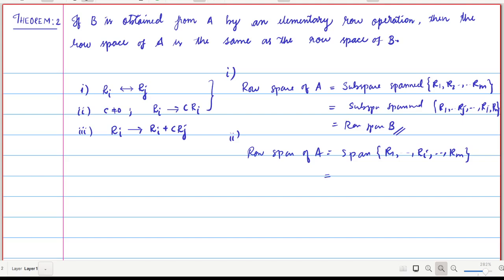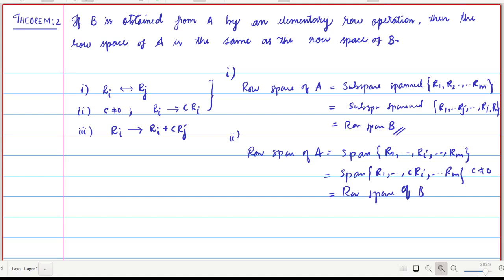And if you consider B, then we can say that the span of this is the same as the span of R1, etc., c Ri, where c is non-zero, etc., Rm, because c is a non-zero quantity. So this replaces Ri just by a multiple of itself. So that will give the same span. Now you say that this is the row space of B, if B is obtained from A by performing the second row operation.